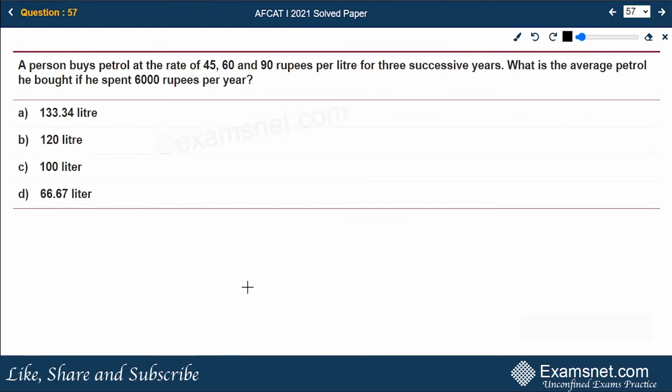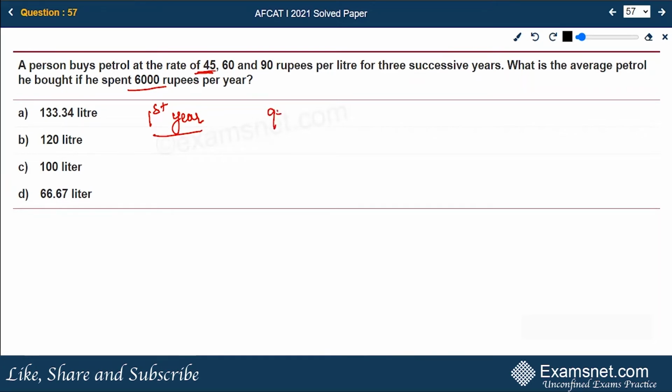Next is question number 57. A person buys petrol at the rate of 45, 60, 90 rupees per liter for 3 consecutive years. What is the average petrol he bought if he spent 6,000 rupees per year on petrol? Okay. So let's say for the first year, money spent 6,000, rate is 45 rupees per liter.